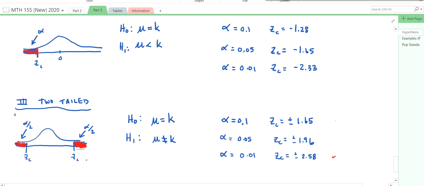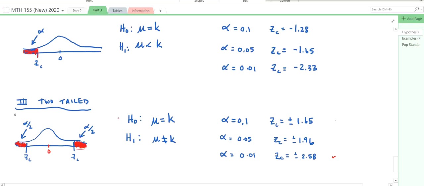And it does, except that now it's a positive and a negative 1.65, which means Z on this side of 0 is going to be positive 1.65, and Z on this side of 0 is going to be negative 1.65. Continuing down, 0.05, we get plus or minus 1.96 for your critical Z, and 0.01 is plus or minus 2.58 for your critical Z.